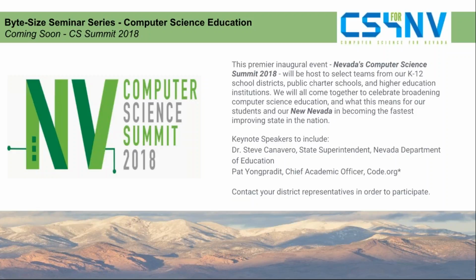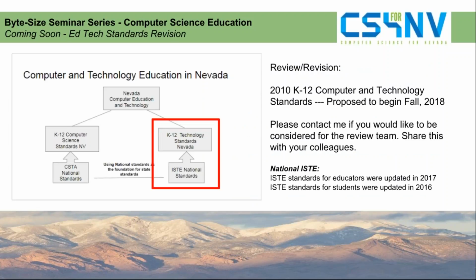So please reach out to your district representative to see if you would like to be a part of that team. Registrations are currently going on right now, and they close May 11th. So we need to get folks registered as soon as possible, so don't waste any time to reach out.